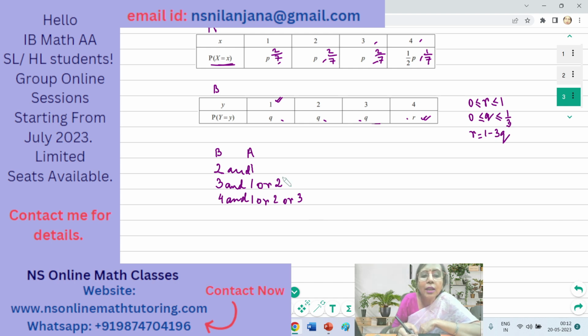Okay. So what is the probability of Barbara scoring a 2? Barbara scoring a 2 is Q. So it is Q, and it is multiplied by Agnes scoring a 1, which is P, which is 2 over 7. This is actually Barbara can score 2 or Barbara can score 3 or Barbara can score 4.